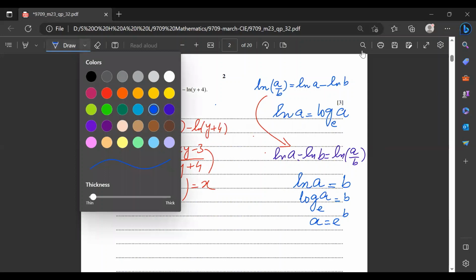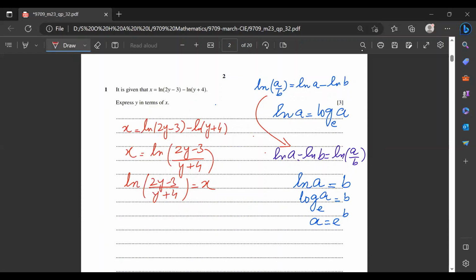So you can apply this definition of the log here. You can write it as (2y minus 3) over (y plus 4) equals e raised to the power x.